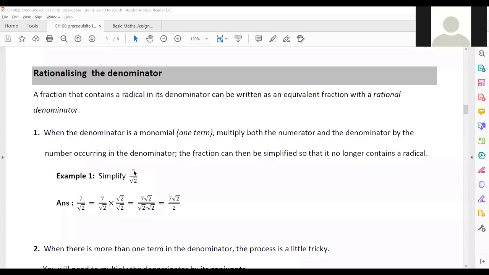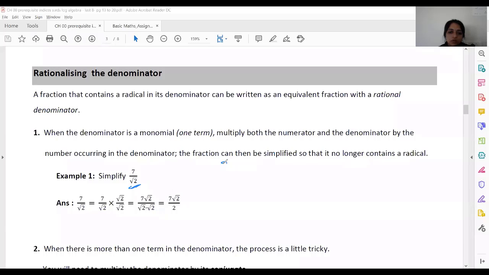Dear students, if you have given 7 upon root 2, then for the simplification you have to multiply your denominator, because your denominator is an irrational number. So for the simplification, you multiply and divide by the same number, root 2 upon root 2. So that is 7 root 2. Here root 2 into root 2 is 2. So your answer is 7 root 2 upon 2.